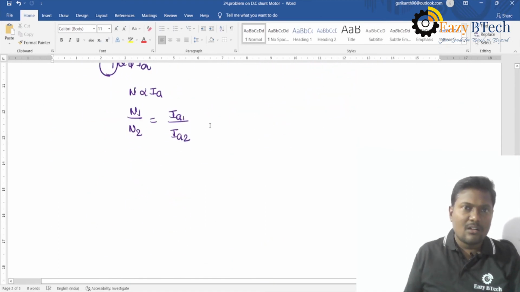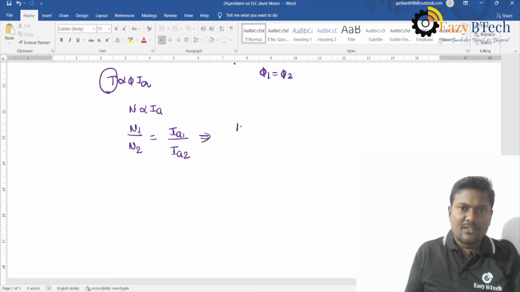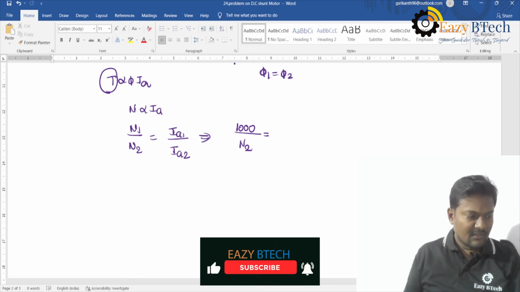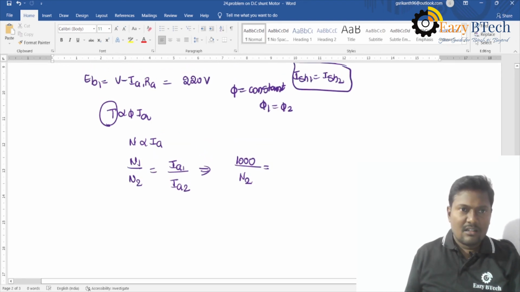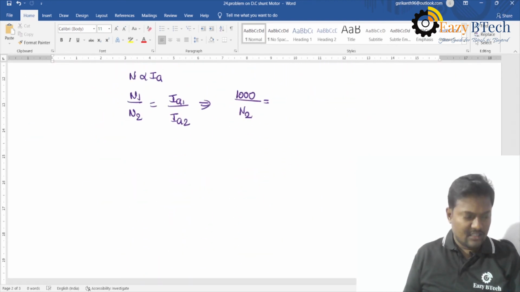From this equation I want to calculate the speed. What is Ia1? Ia1 is 30 amperes, and Ia2 we also have to calculate.